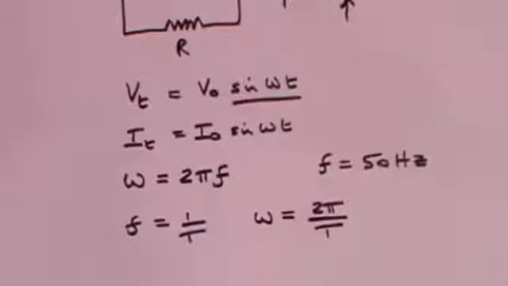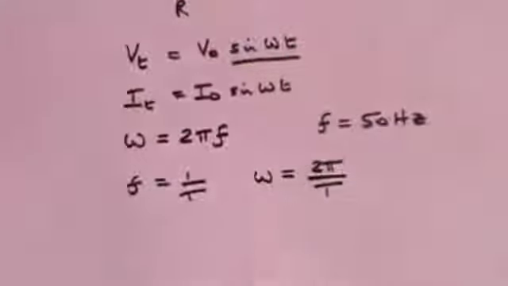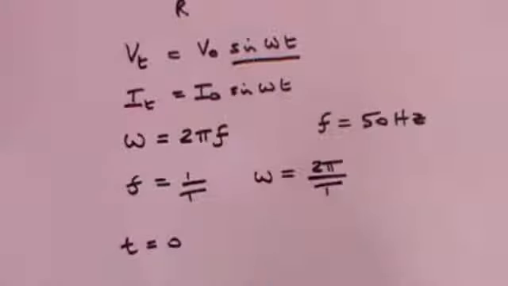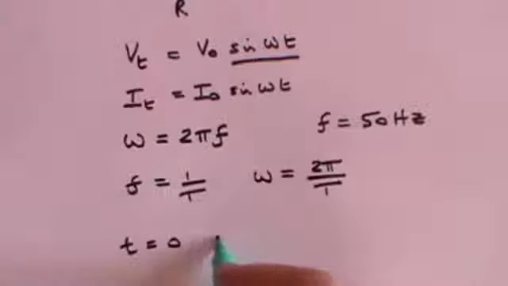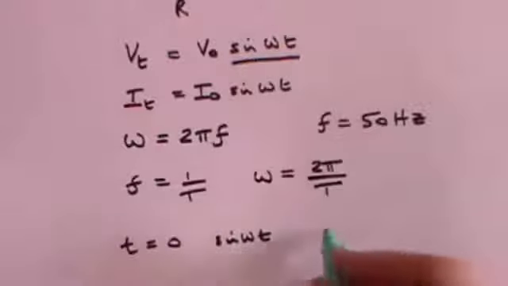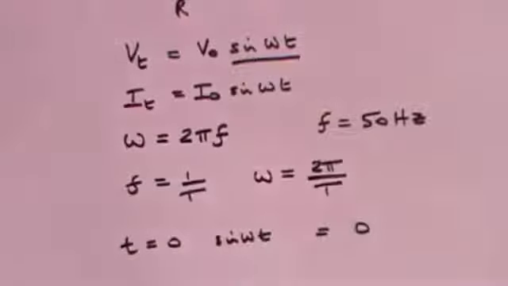And we'll ask ourselves what the value of that will be depending on the value of t. So let's start off with t equals 0. Well, if t equals 0, I think it's pretty obvious that sine omega t is going to be the sine of 0, which is 0.